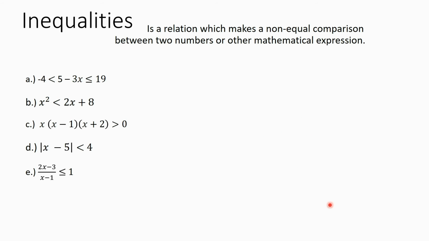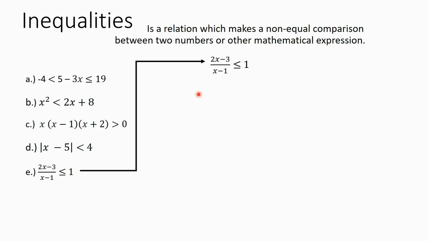Okay, and this is the last one. Here we have an inequality having a fractional term, a fractional polynomial. Here we're going to evaluate like this: 2x minus 3 all over x minus 1 is less than or equal to 1.